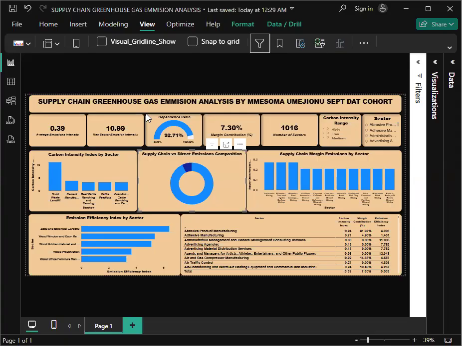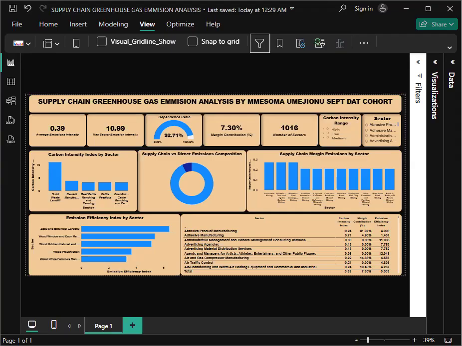So we're starting off with the key metrics up here. We can see that the average emission intensity is about 0.39, and the max sector emission intensity is 10.99, which is approximately 11, and the dependency ratio is 92.71%.